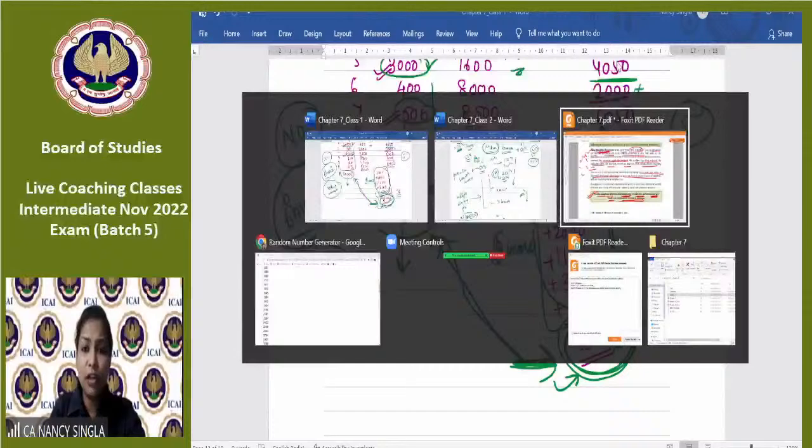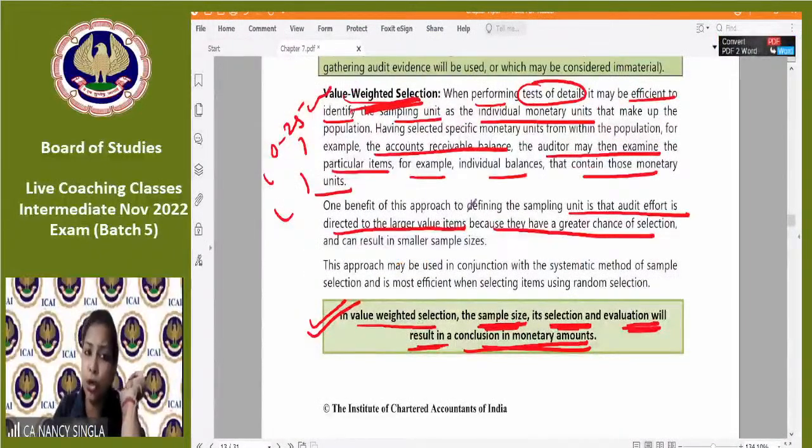Now we will do one thing. We will have a look at this method from Module C. When performing test of details, it may be efficient to identify the sampling unit as the individual monetary unit. That is, each rupee is an individual monetary unit that makes up the population.